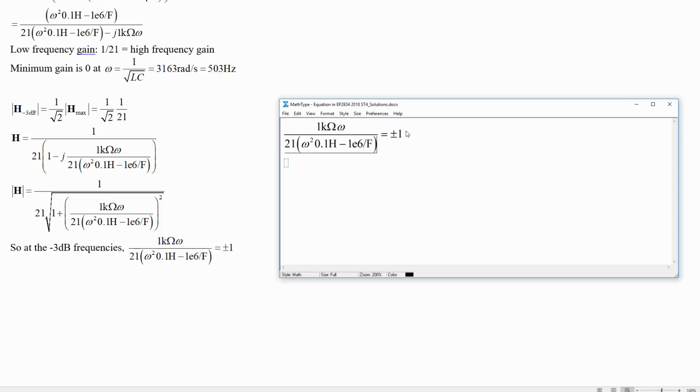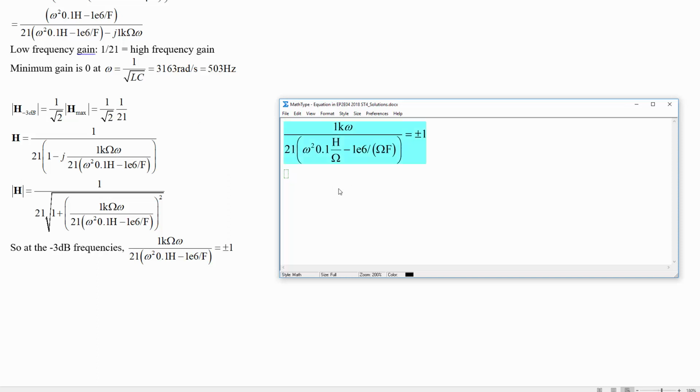Maybe before we mess with stuff, we'll simplify this out a bit. So we've got a kilo ohm there, and if we were to bring the ohms into the denominator of the denominator, we've got henries per ohm, and we've got ohm farads there.